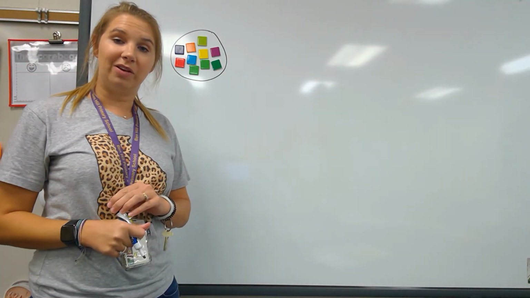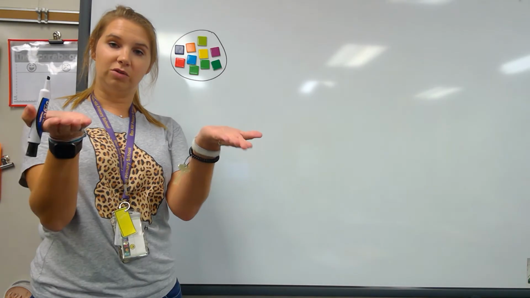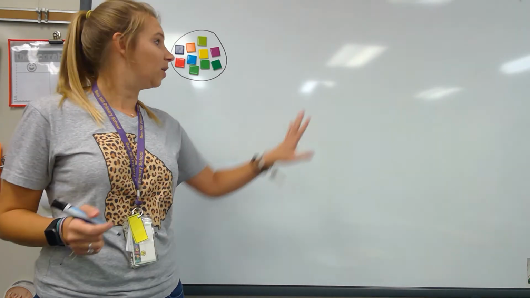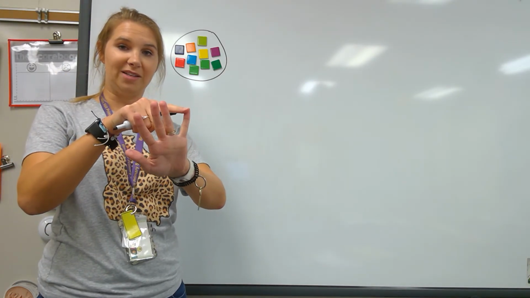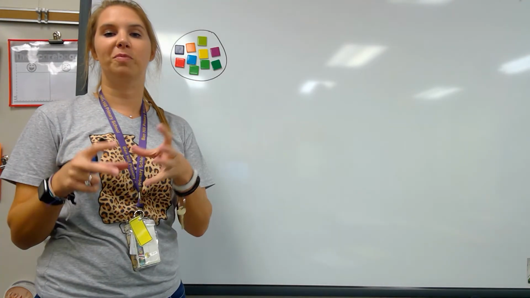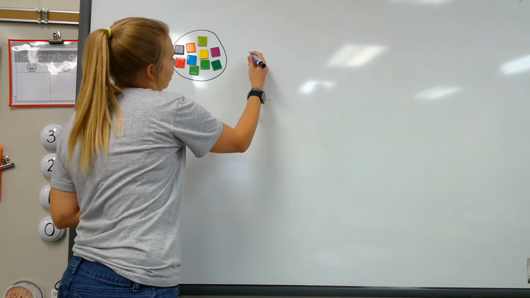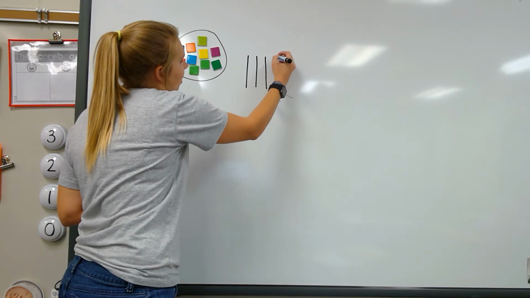Now remember, when I'm counting by 5s, I say 5, 10. So that'll be 2 groups of 5. Now when I make my tallies, remember, when I get to number 5, what do I do? Dab. So every time I have a group of 5, there'll be that dab. All right, let's do it. 1, 2, 3, 4.